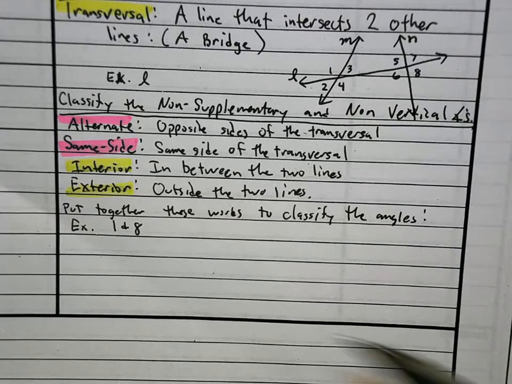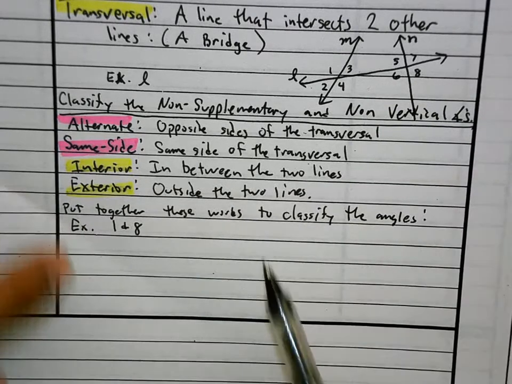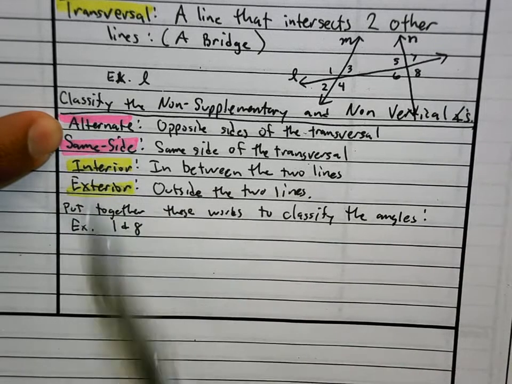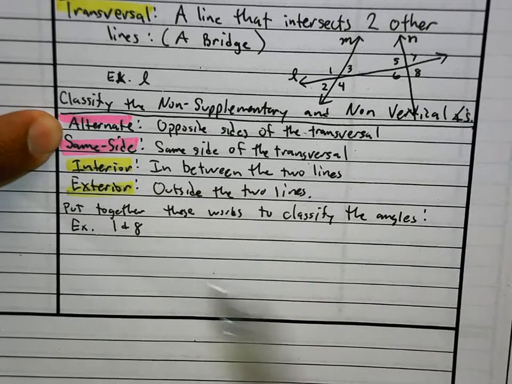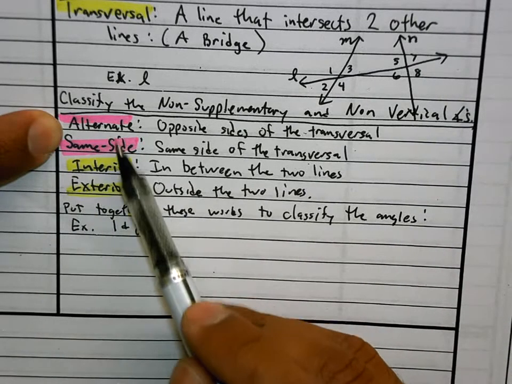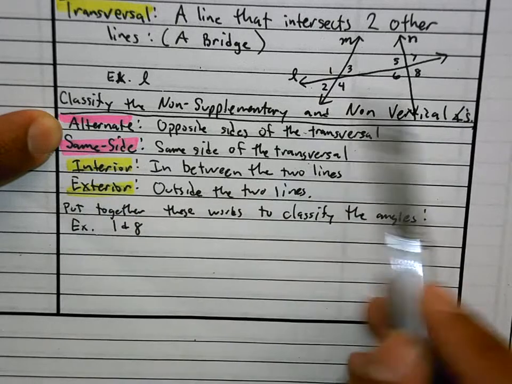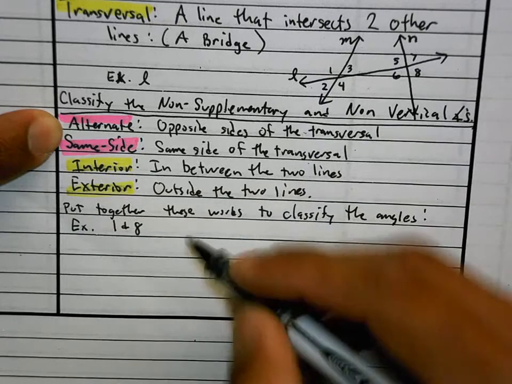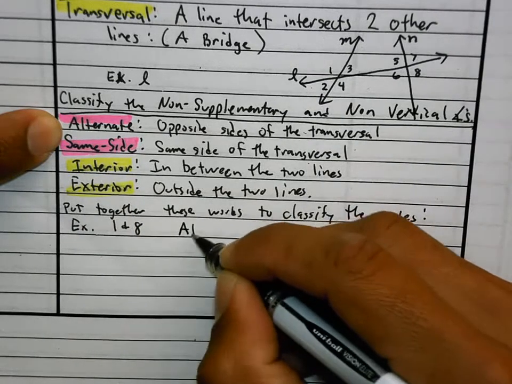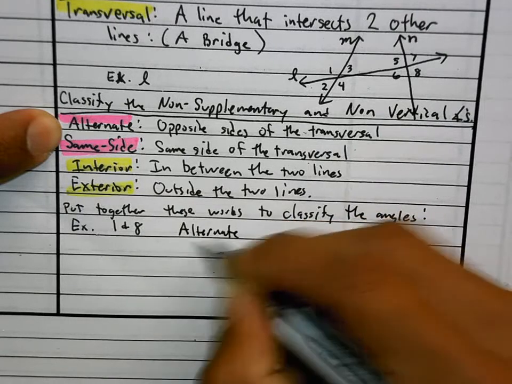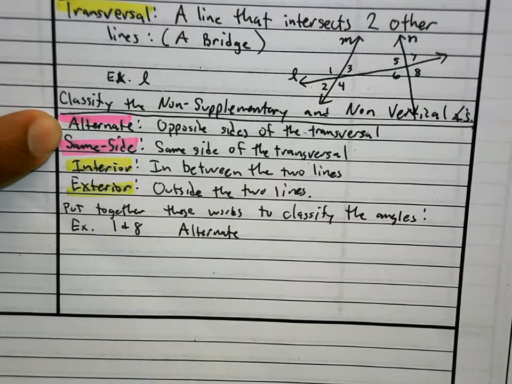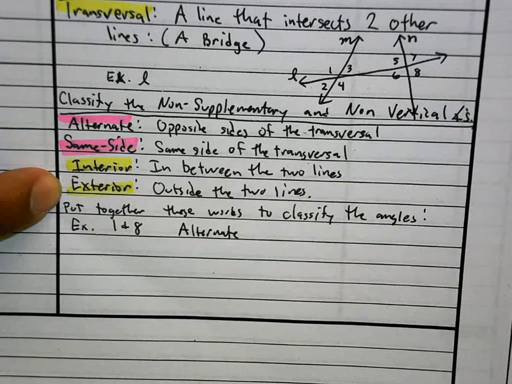The first thing we do is choose one word from the pink choices. 1 and 8, are they alternate or same side? So you pick one word, alternate. And then you pick either interior or exterior.